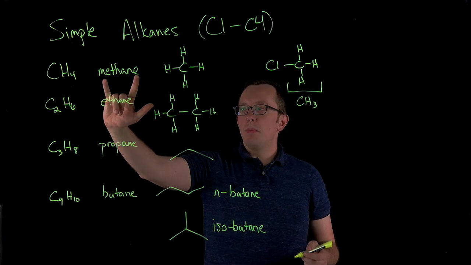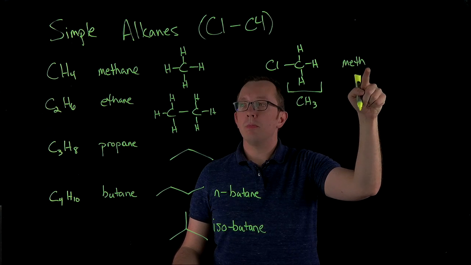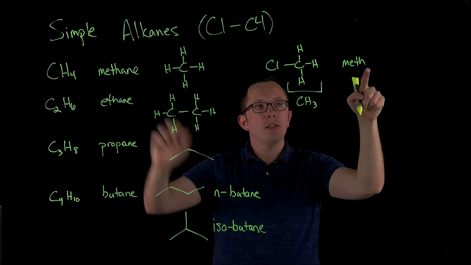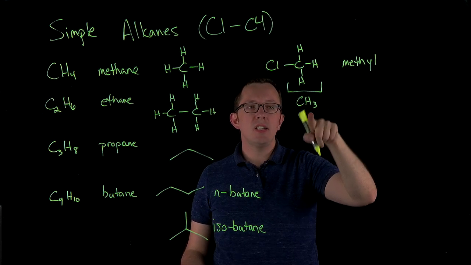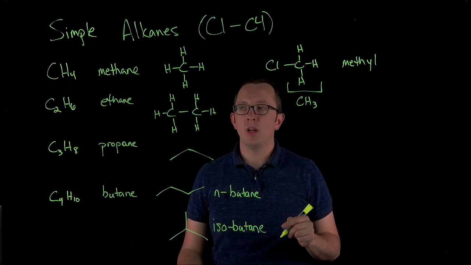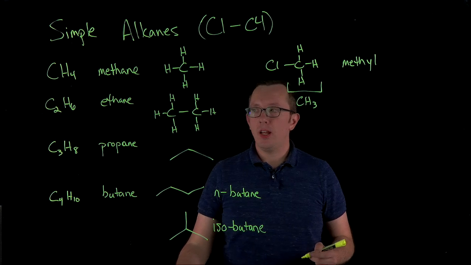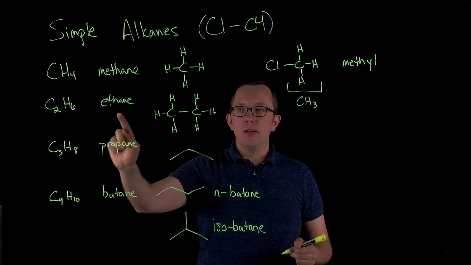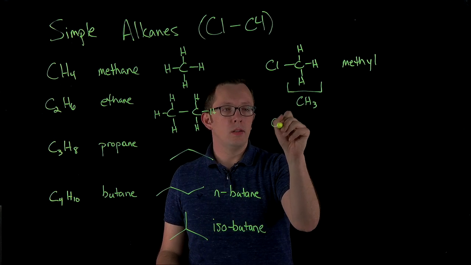So we're going to take our methane name, we're going to keep the meth part, we're going to get rid of the A and E suffix, and we're going to replace it with YL. So this CH3 group is now called a methyl group. Okay? So we can do the same thing with our other simple alkanes. So we go from ethane, we'll replace one of these hydrogens with a chlorine again.